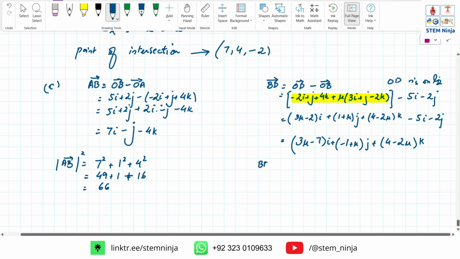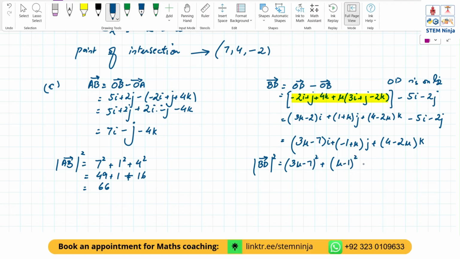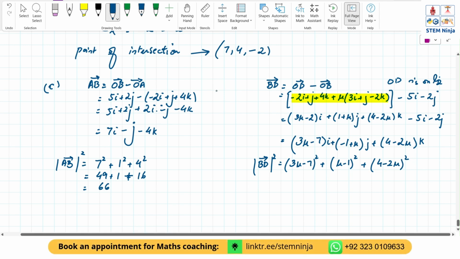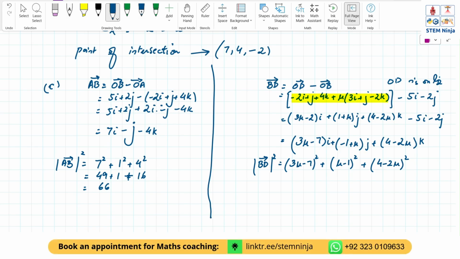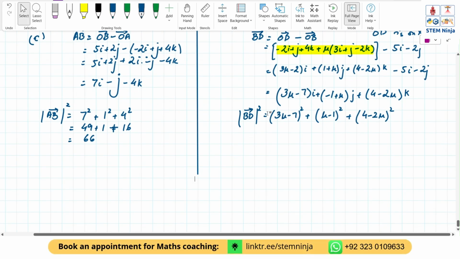Similarly, BD squared would be 3 mu minus 7 whole squared, plus mu minus 1 whole squared, plus 4 minus 2 mu whole squared. Now we need to expand all of these squares before we can equate the lengths.